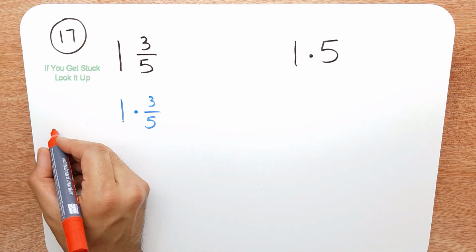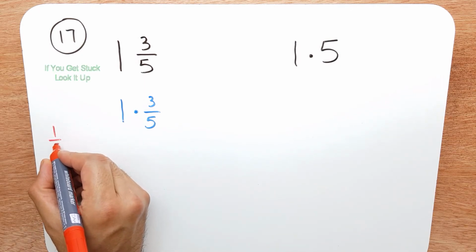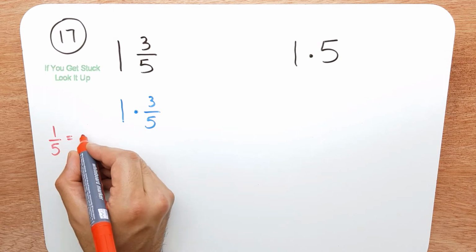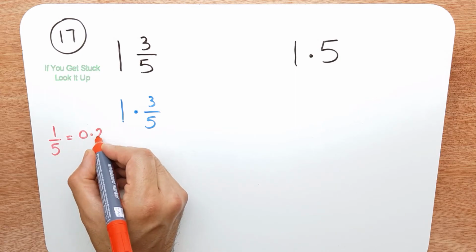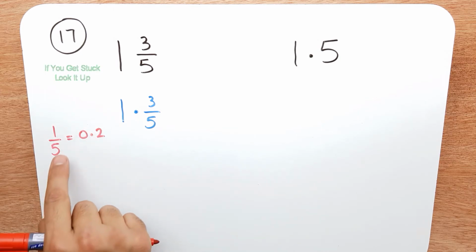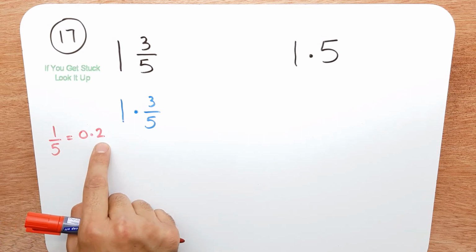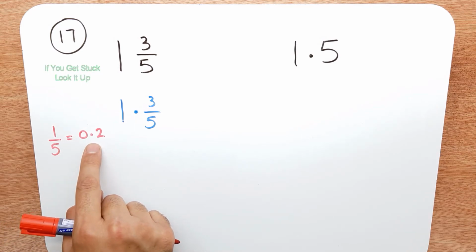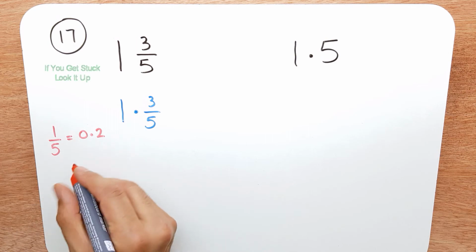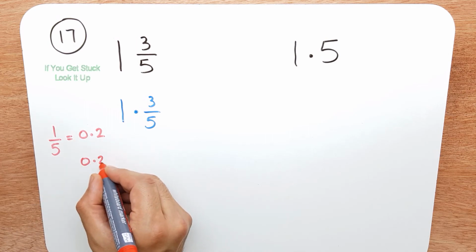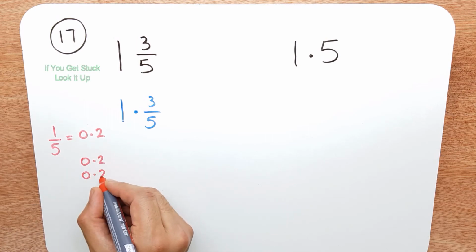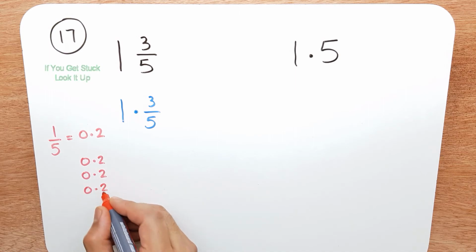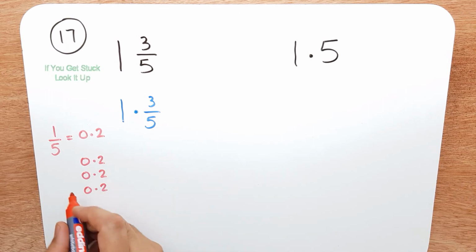Now I want you to learn 1/5 is 0.2. So if 1/5 is 0.2, 3/5 will be 3 of these. So I can do 0.2 plus 0.2 plus 0.2. So I can add 3 of these.